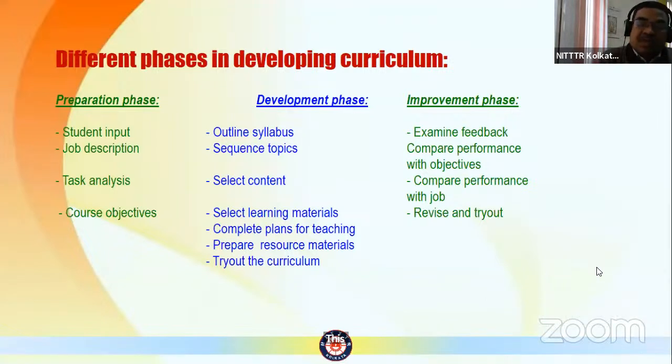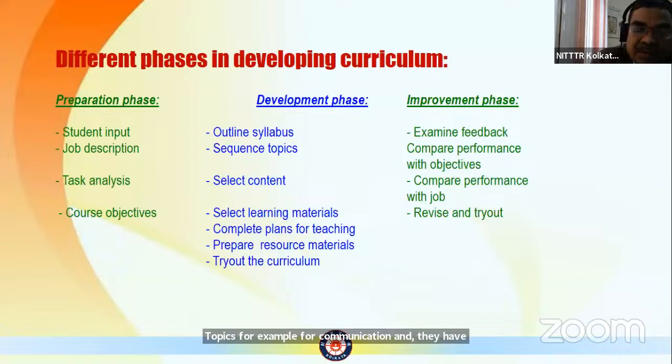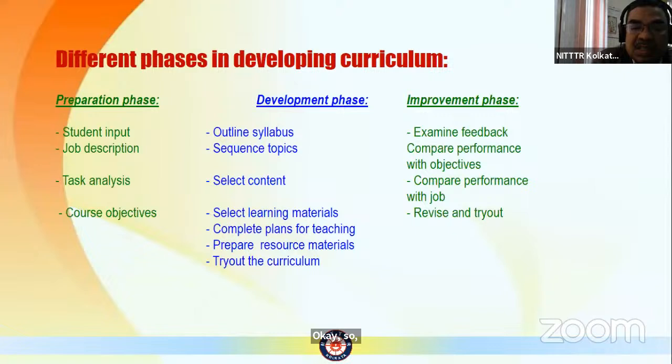For communication in English, the introductory topics may be covered in the very beginning, and the depth-level topics may be covered at the end part of that particular semester. Maybe the last chapter or something like that. So you'll have to keep in mind the sequence of the topics.